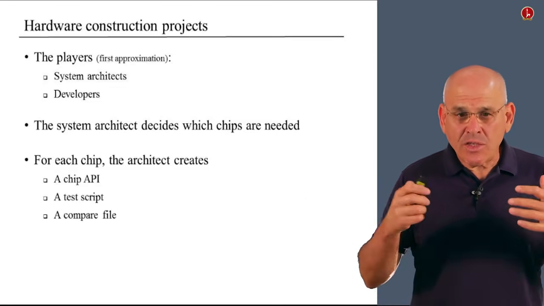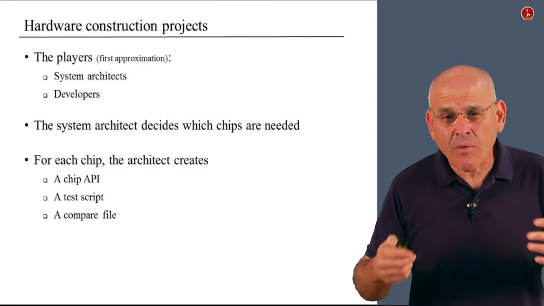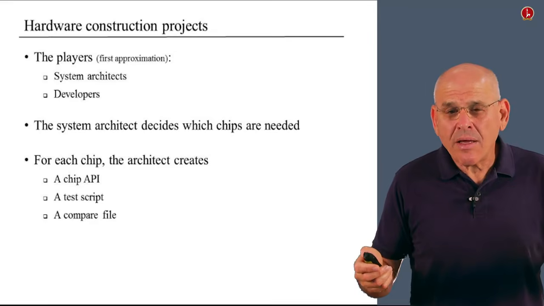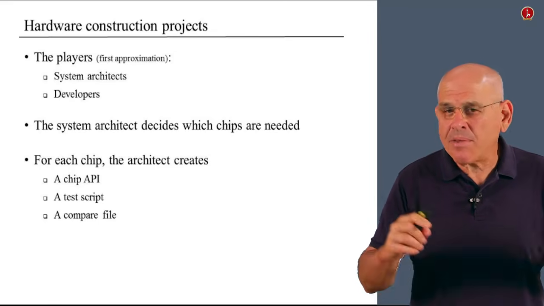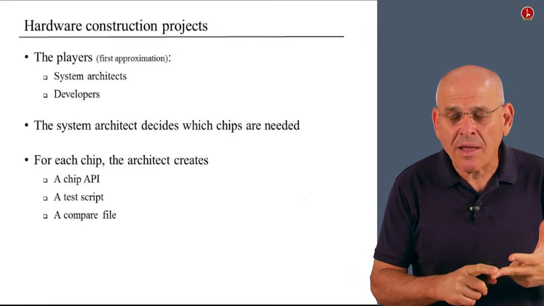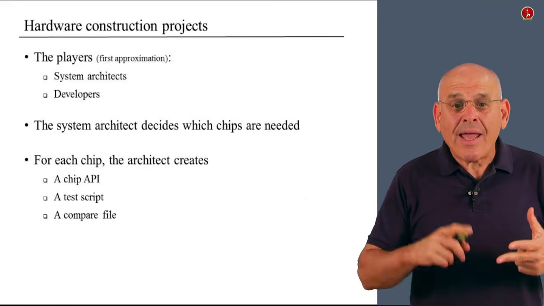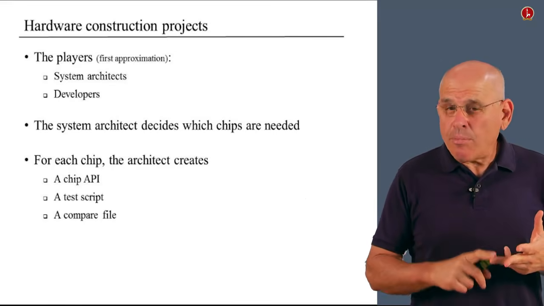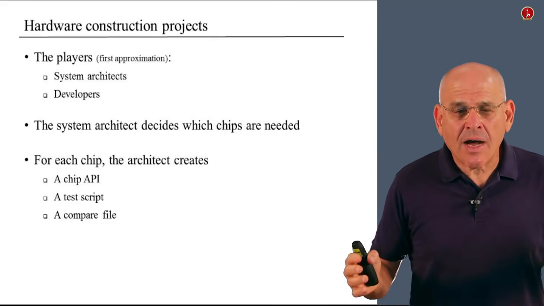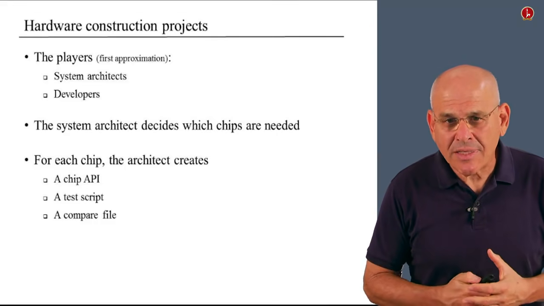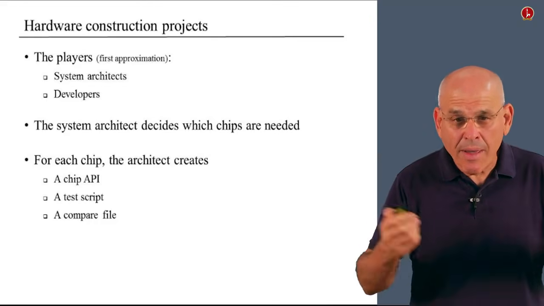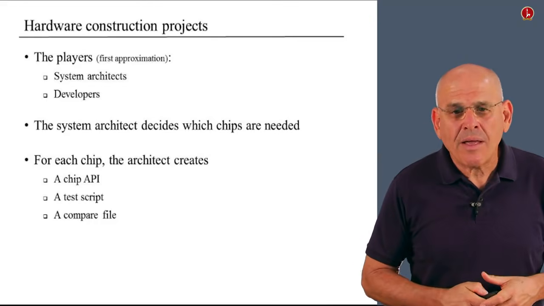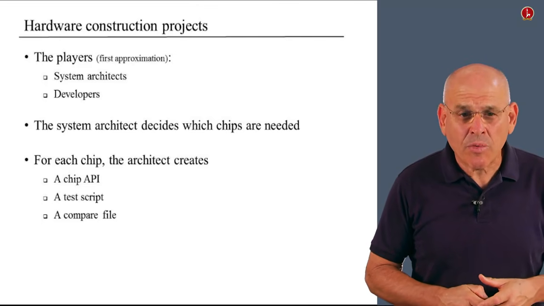For each one of these chips, the architect creates a chip API, which consists of the name of the chip, the names of its input and output pins, a test script, and a compare file. All these things are prepared by the system architect, who may or may not have some people to help him or her in his work.